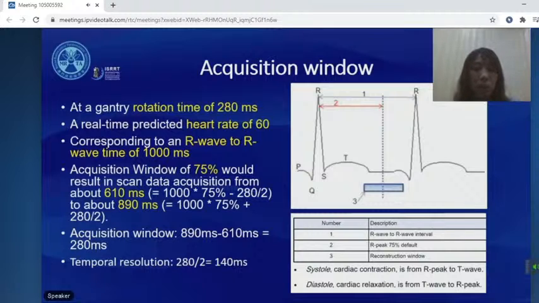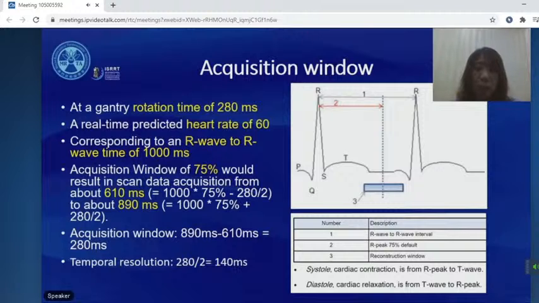So when the ECG is being recorded, acquisition time can be calculated. Suppose that the gantry rotation time is 280 milliseconds. The temporal resolution is 280 milliseconds divided by 2, which is 140 milliseconds. The real-time heart rate is 60 beats per minute. That means one beat to another beat is 1 second, that is 1,000 milliseconds.